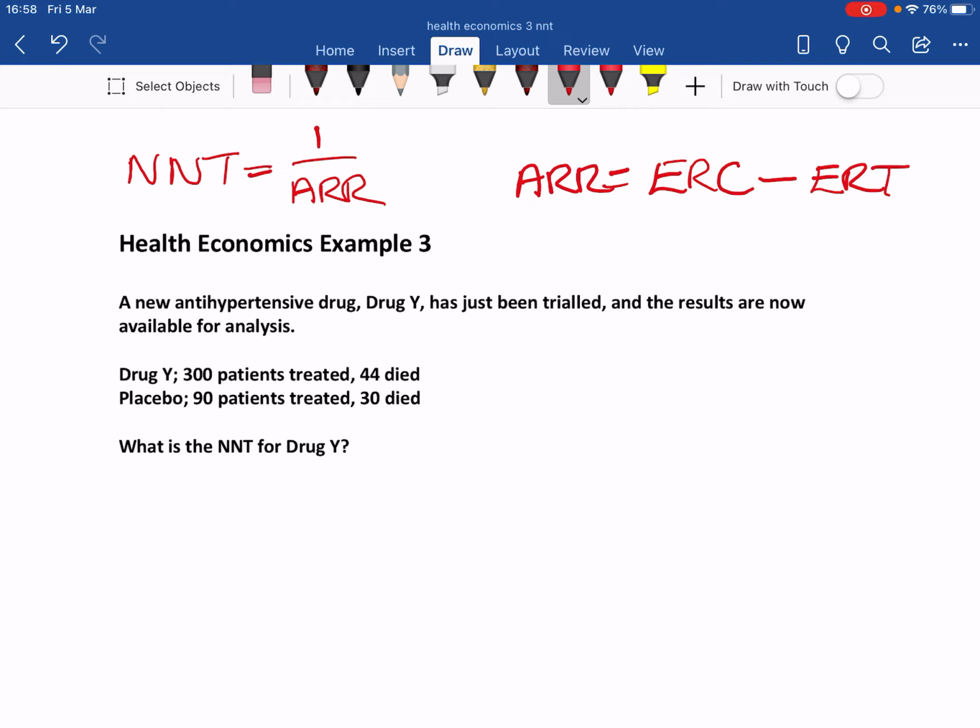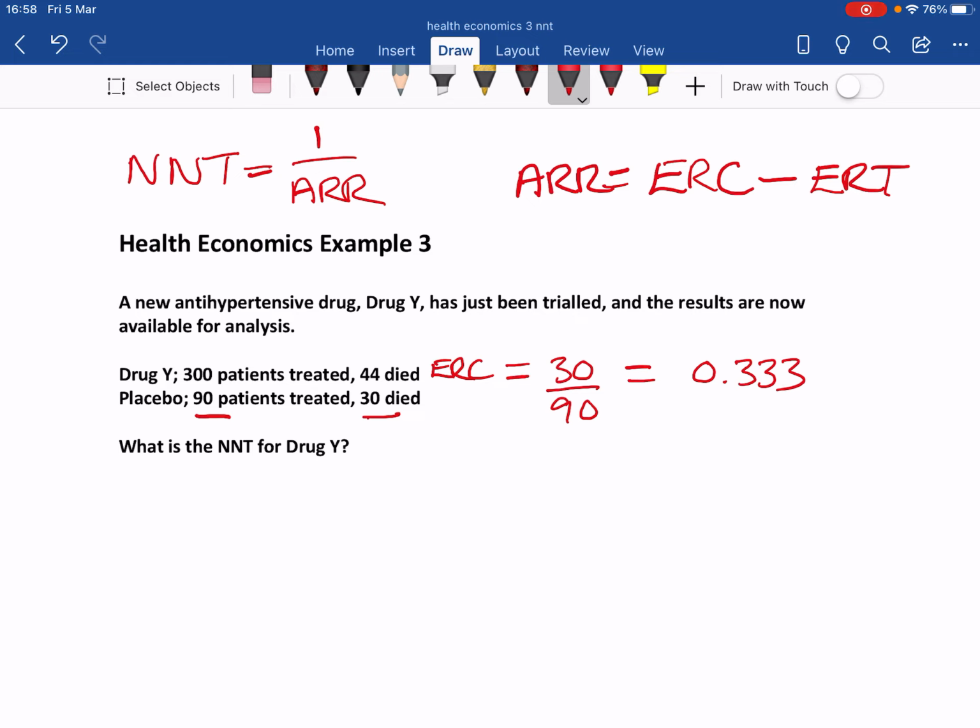First of all, we'll work out the event rate in the control group, being the placebo group. In this, we know that 30 patients out of 90 died. So the event rate in the control group is 30 over 90, which equals 0.333.